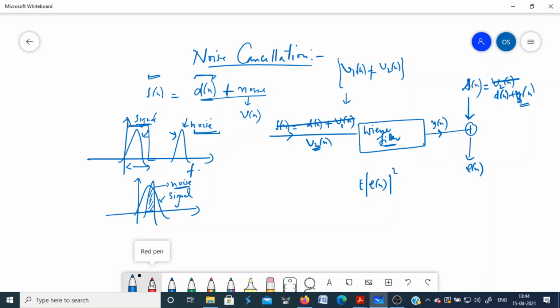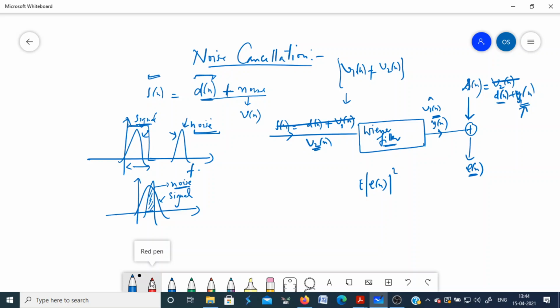The purpose of this Wiener filter is to generate an output yn which is a very close approximation of the noise present in the reference signal Sn. So that when you subtract the two, the noise component gets subtracted from the noise component, and only your signal part, dn, is left.